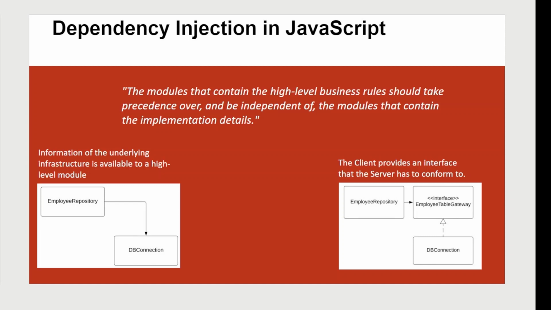So whenever we are making changes to the DB connection in the infrastructure layer, the DB connection is part of the infrastructure layer, these changes do not affect the employee repository. Additionally, employee repository can be reused with any server that conforms to the employee table gateway interface. So this is basically the inversion principle in a nutshell.